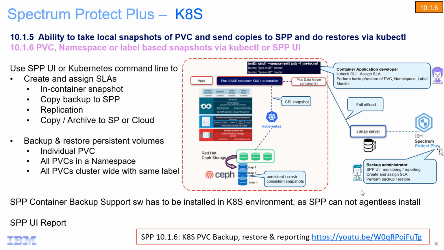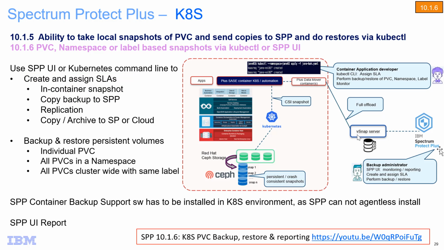With this backup, there is a CSI snapshot that we take of the PVC and that resides in the Kubernetes environment until we then create a copy and send a copy of that snapshot to the Spectrum Protect Plus vSnap. Both that snapshot that's kept in place inside of Kubernetes, as well as the copy that's made out to Spectrum Protect Plus, are scheduled via Spectrum Protect Plus's SLAs.